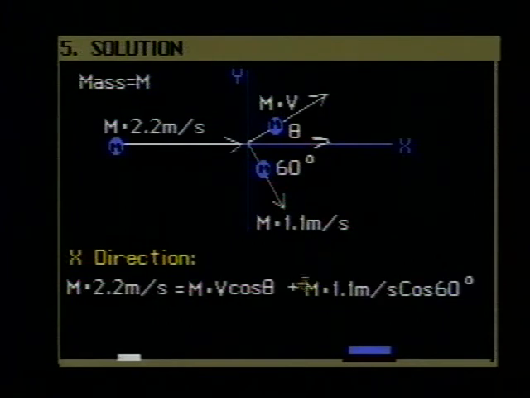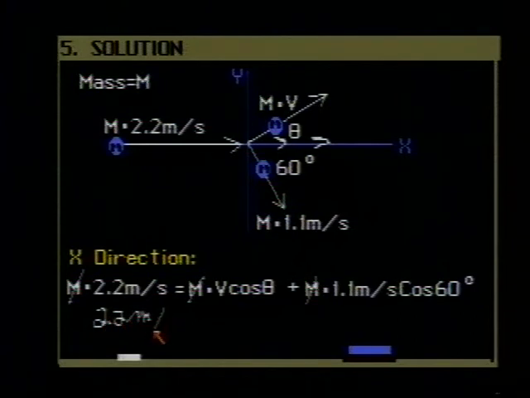For the 8 ball, it too has a component in the x direction, which is its mass times 1.1 meters per second times the cosine of 60 degrees. The mass appears in each term in this equation and can be canceled out.